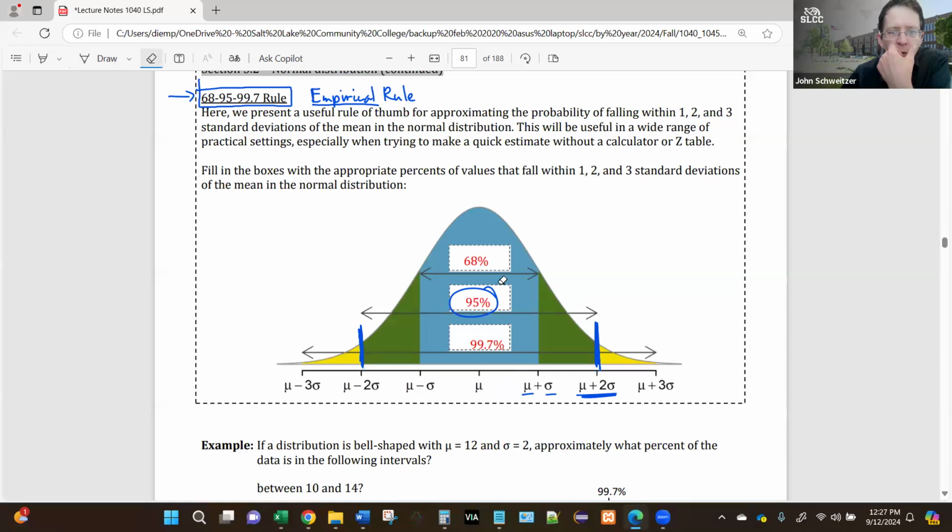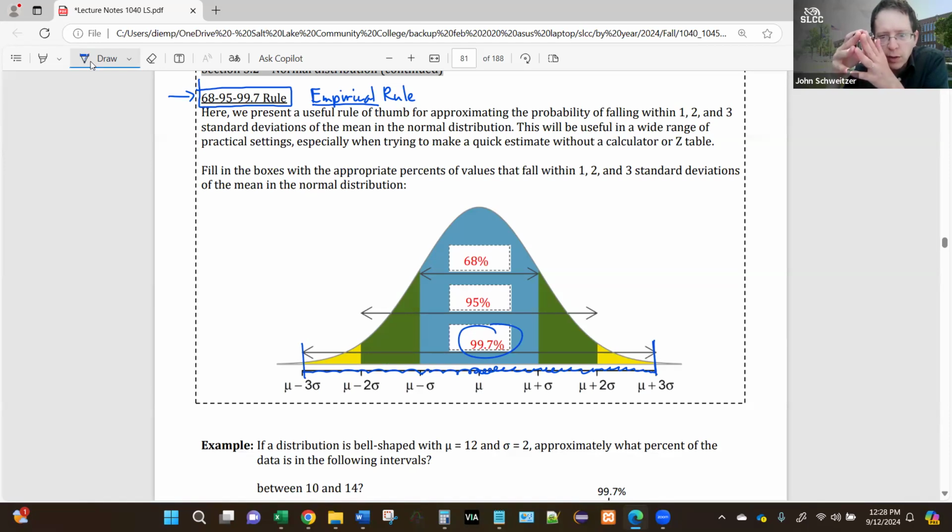That makes us wonder, does the pattern continue? Yes. If you start at mu and you go 1, 2, 3 standard deviations out, then you're going to pick up more of the distribution. And if we go 1, 2, 3 standard deviations out to the left, we get way out to the left end of the distribution. By that time, we've picked up almost everybody in the population. Not quite everybody.